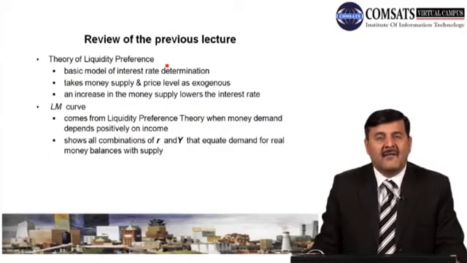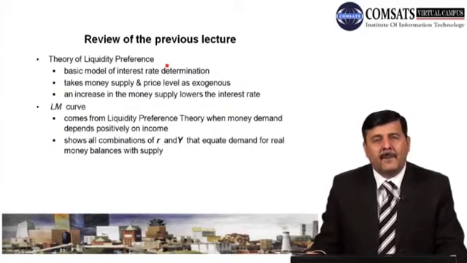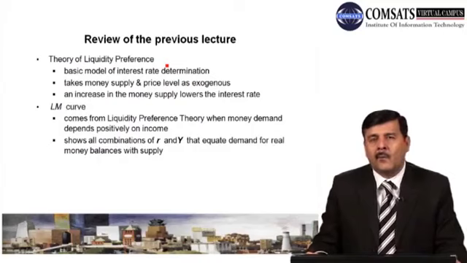We have a negatively sloped money demand curve because the relationship between interest rate and money demand is negative. If the interest rate increases, money demand decreases, and if the interest rate decreases, money demand increases.